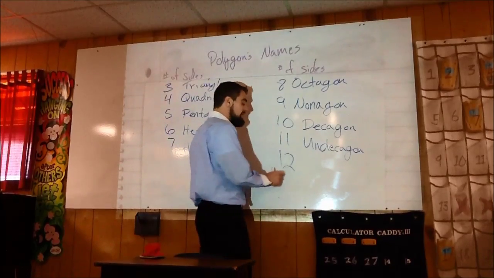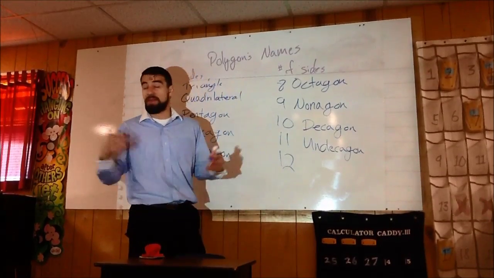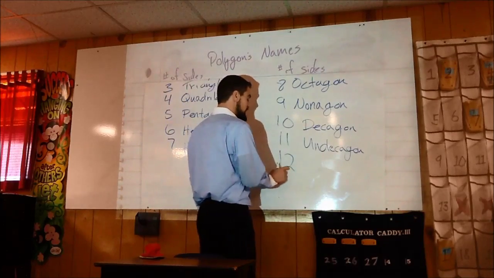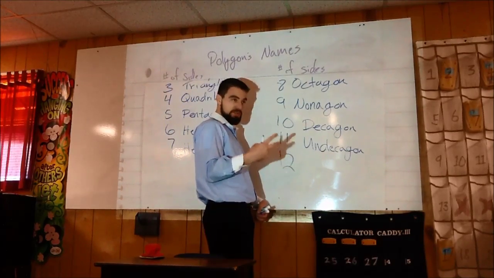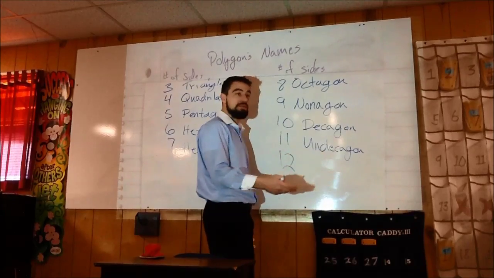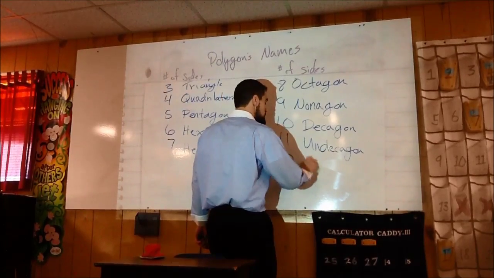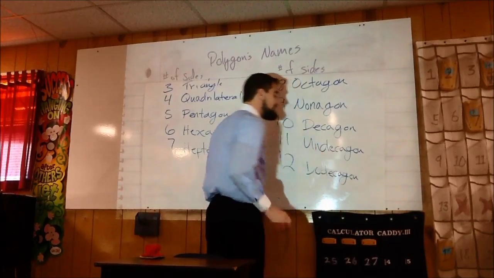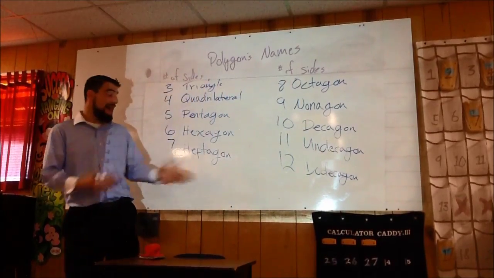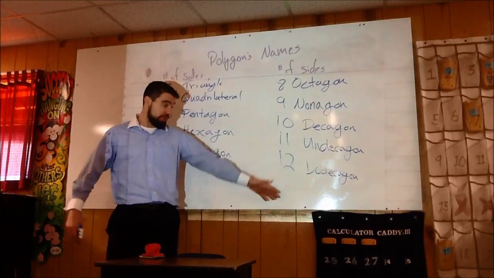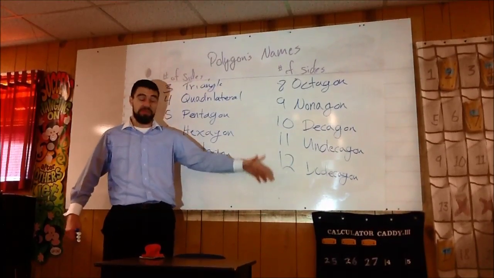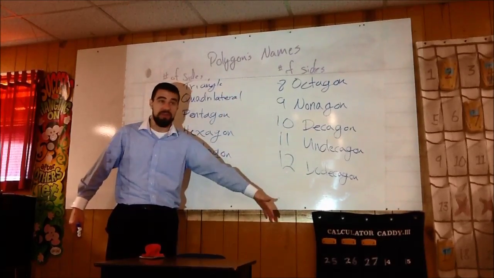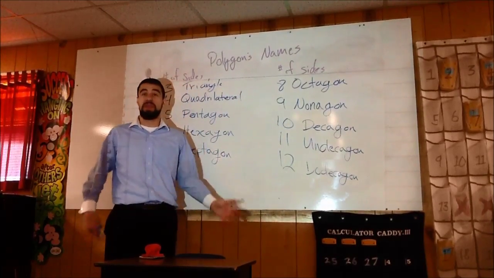And then continuing this kind of thing, the Spanish word for 2 is dos, so do. So a 12-sided figure is a do for 2, and then deca, 10. So this would be a dodecagon.